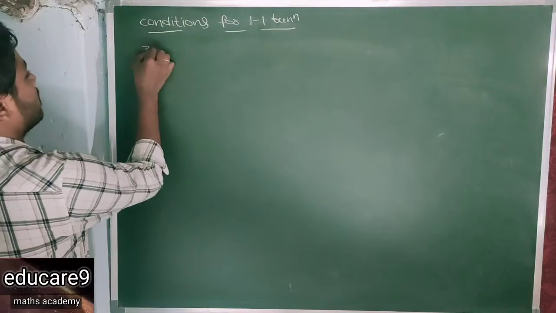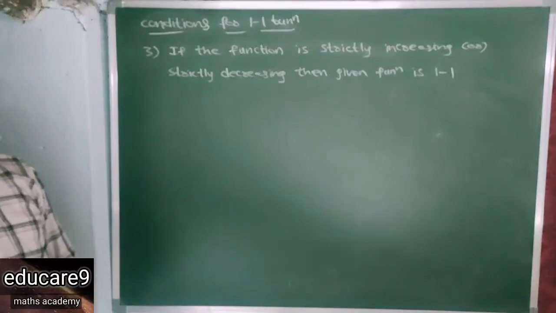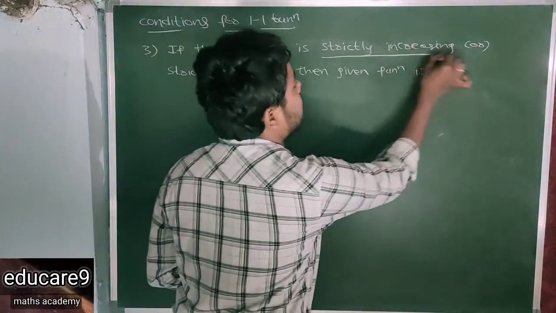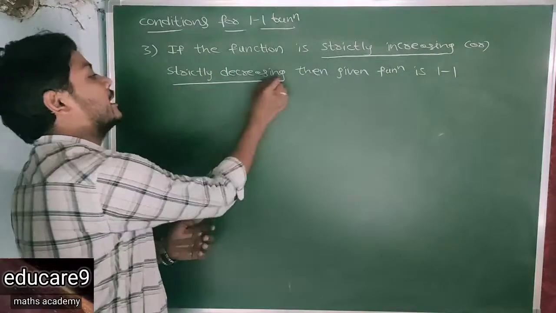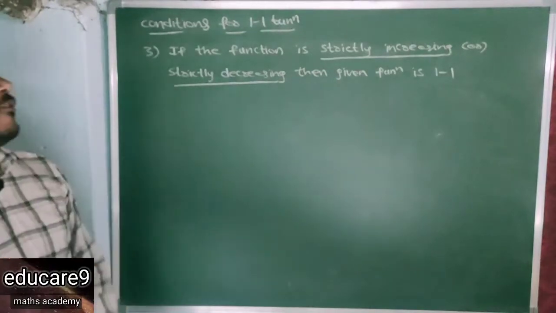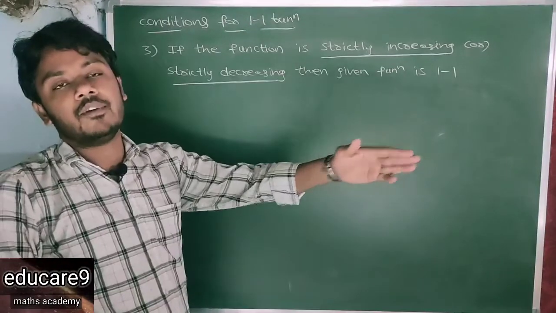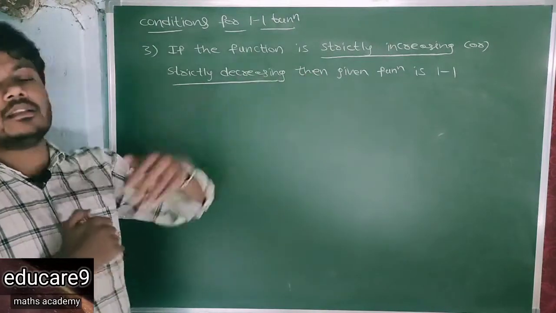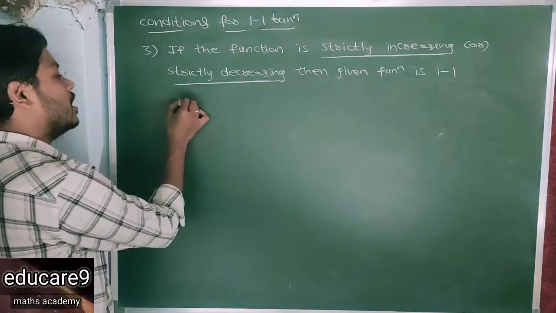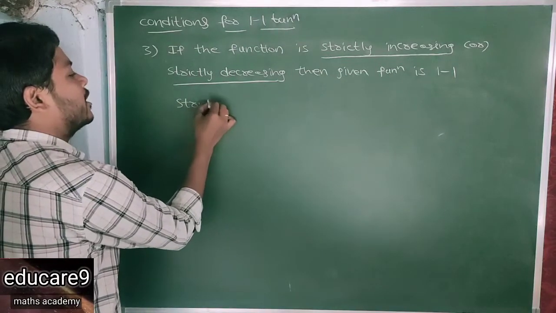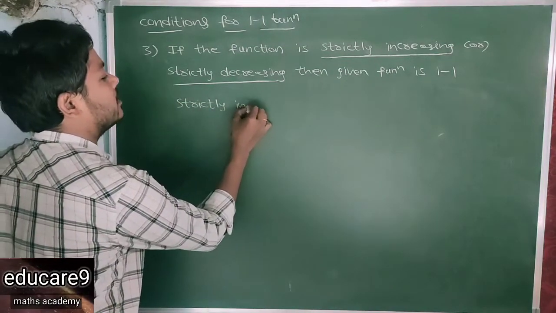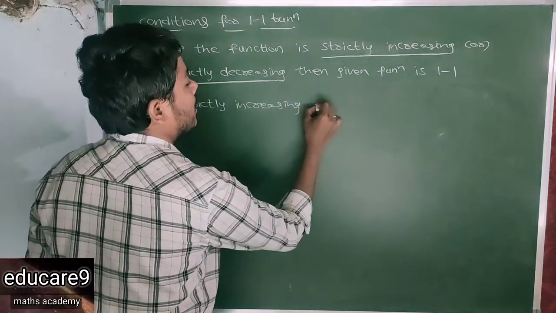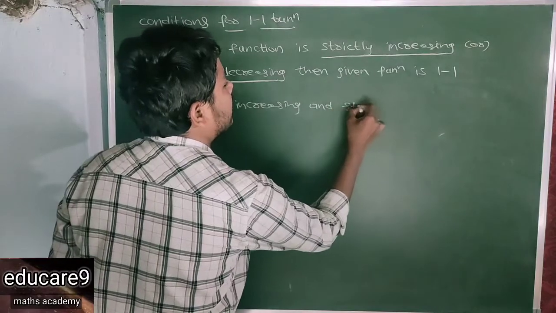So next, third case. Here, if the given function is either strictly increasing or strictly decreasing, then in that case f of x is called a one-one function. But what are strictly increasing and strictly decreasing functions? Here you first have to know the definition of strictly increasing and strictly decreasing functions.